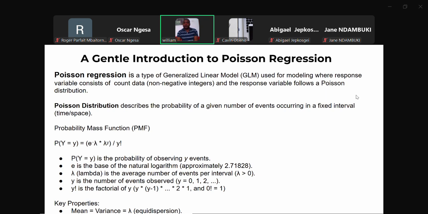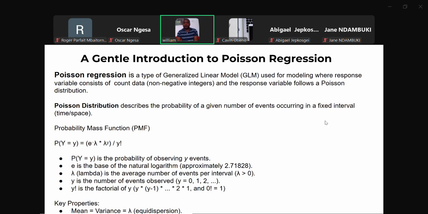And the response variable follows a Poisson distribution. So when we talk of Poisson distribution, it means the mean and variance should always be equal for it to be termed as Poisson distribution.